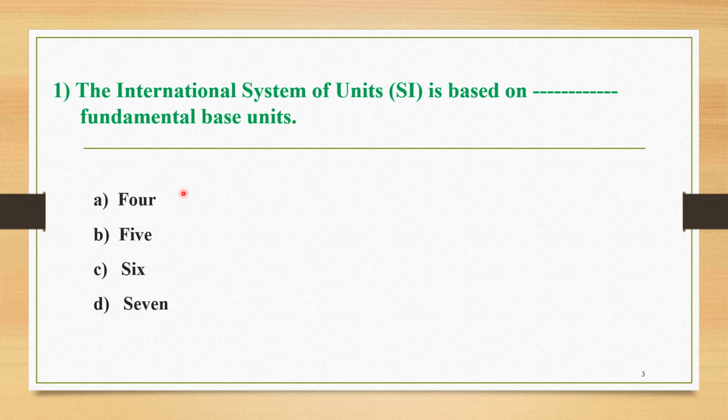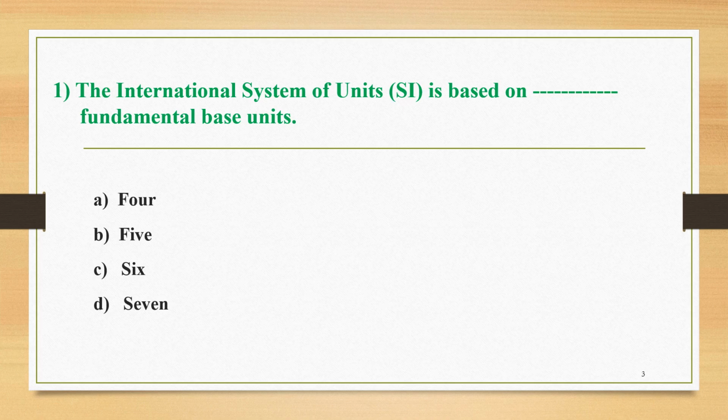The first MCQ among these is: the International System of Units, that is SI, is based on how many fundamental base units? The four options are A is 4, B is 5, C is 6 and D is 7.